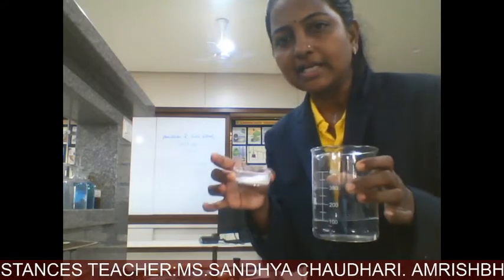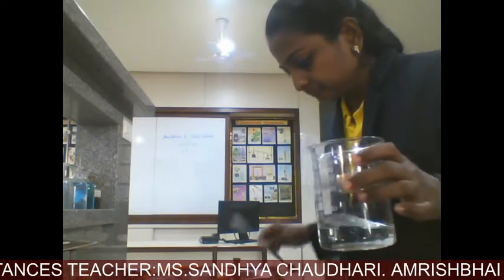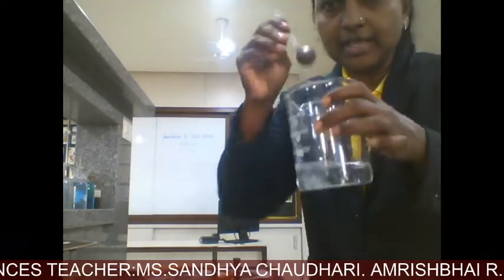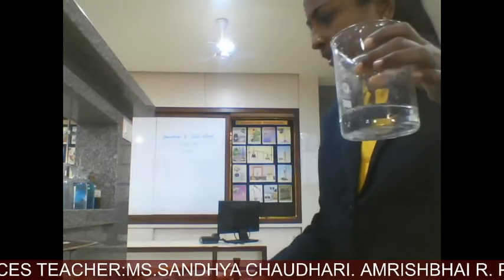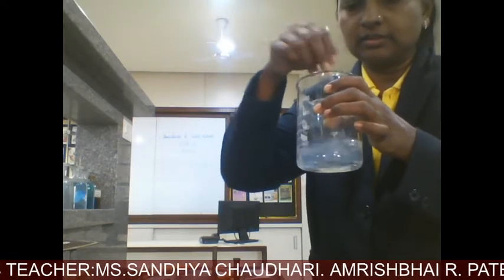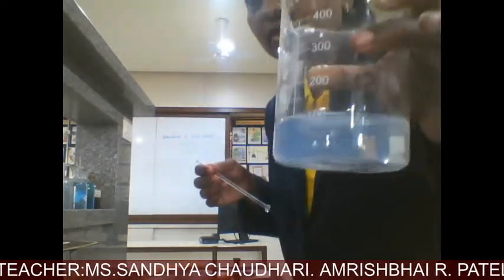I am adding the alum crystals into the water. I have added this alum crystal into the water. Now we have to stir it. You can see the mixture, children.